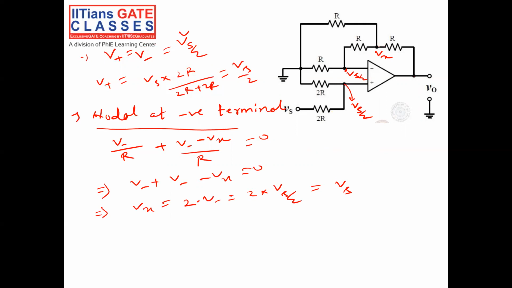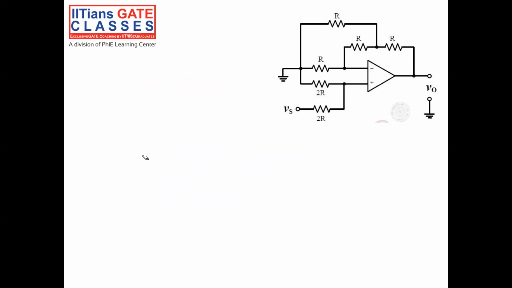Now let us put a nodal equation at the point X. This current is Vx minus V negative by R, this current is Vx minus V0 by R, and this current is Vx by R, and the sum is equal to 0.